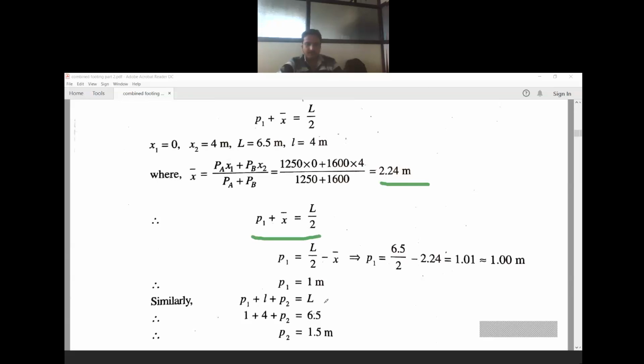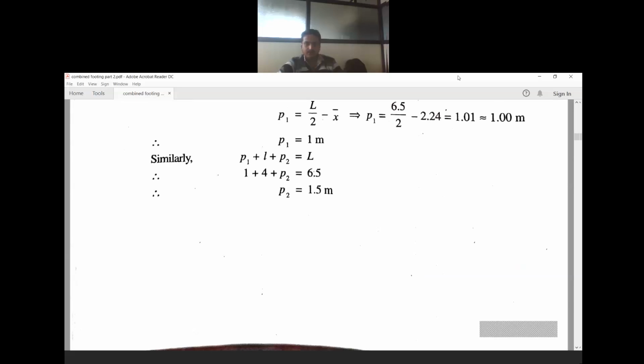Substitute this in this equation. You will get projection length p1. To calculate the projection length p2, we have this formula. So total length is equal to p1 plus p2 plus center to center distance 4. So total length is 6.5.